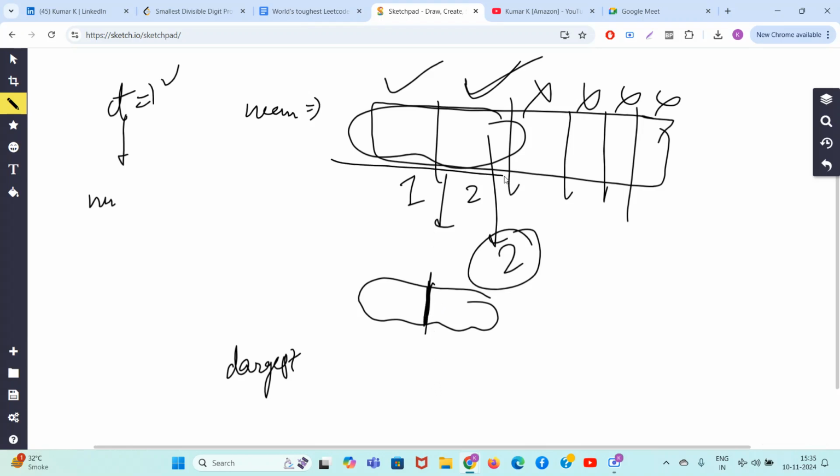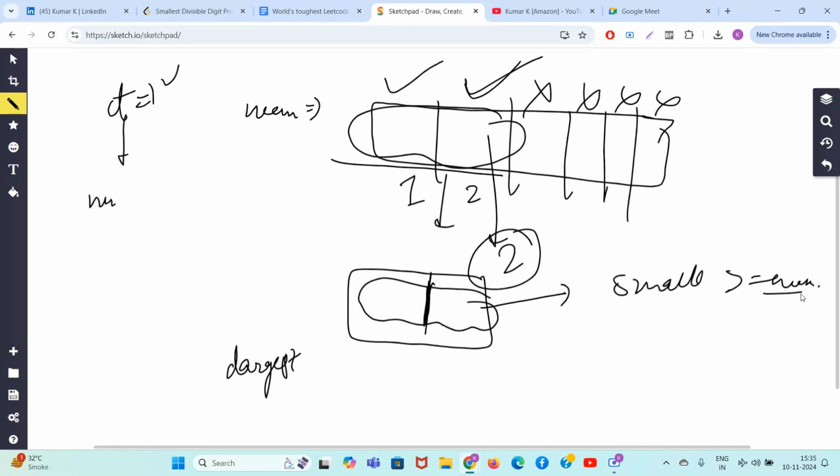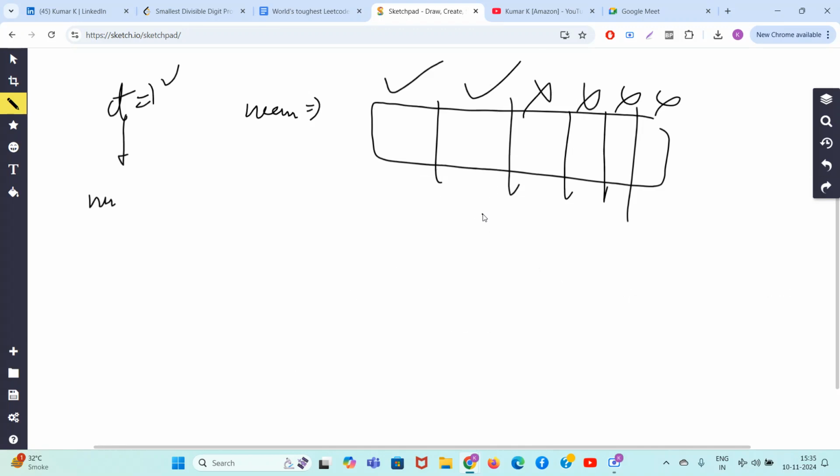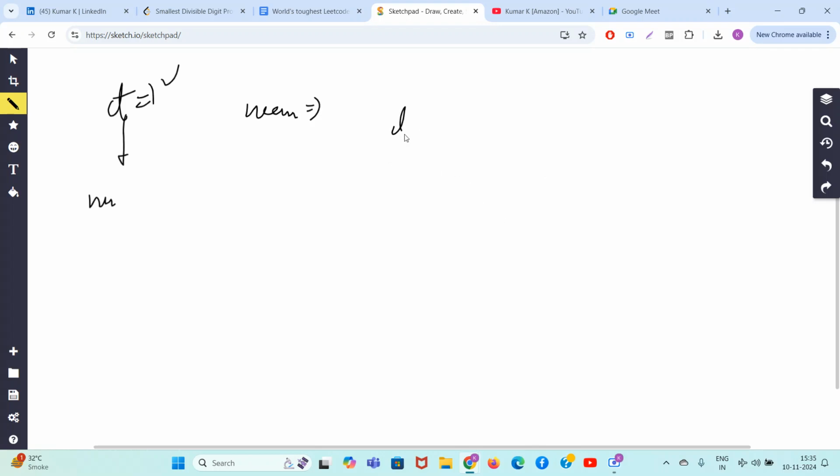The more starting numbers they match, the more probability is that this number will be the smallest number greater than or equal to num, which is valid. So you find the largest prefix. Now guys, the question comes, sir, what to do after finding the largest prefix? Let's say I come to know that the largest prefix is 2. Now what will you do? Now how will you construct the answer?